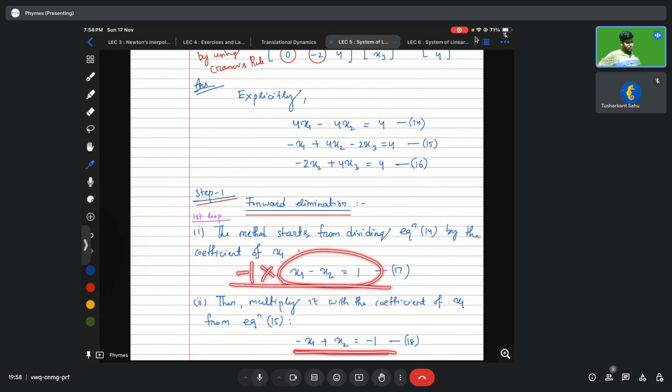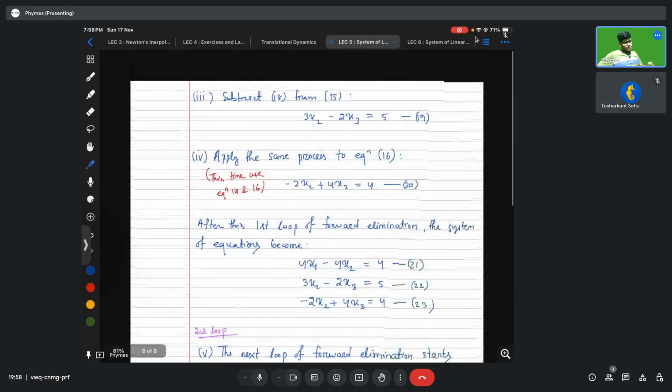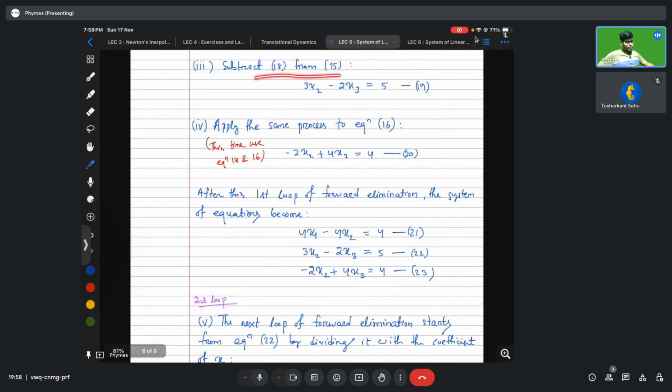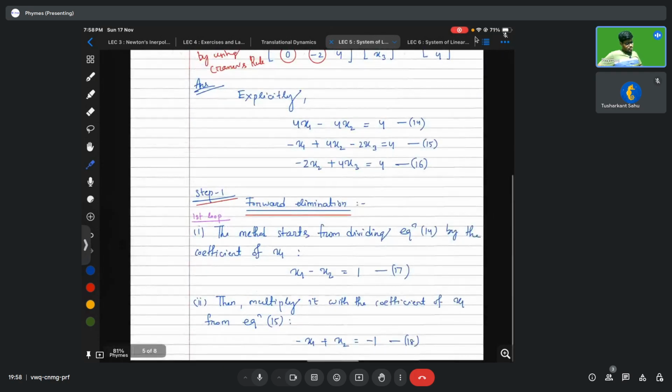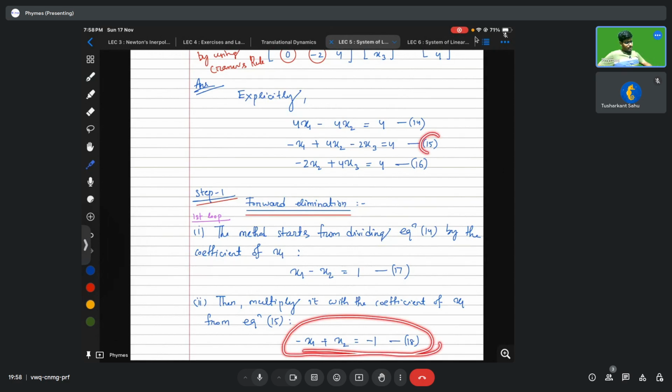Now what you need to do? Subtract equation 18 from equation 15. Now if you subtract it, this x1 will vanish, right?